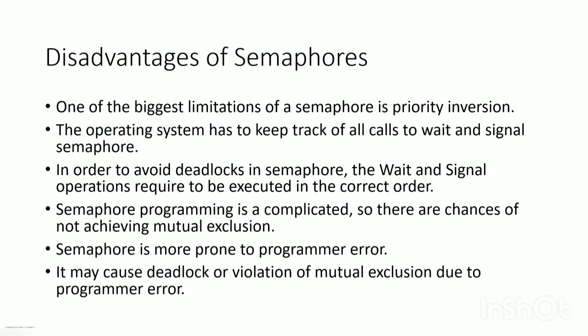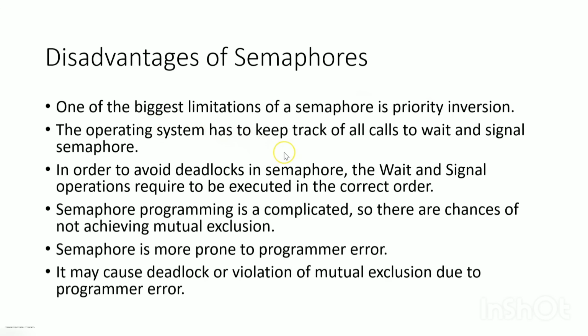Whether it is a low priority task or a high priority task, that task itself has to release it. So the high priority task has to wait until the low priority task releases the mutex. There is a priority inversion happening here, because while a high priority task is waiting, a low priority task is using the critical section or has gained access over the mutex.